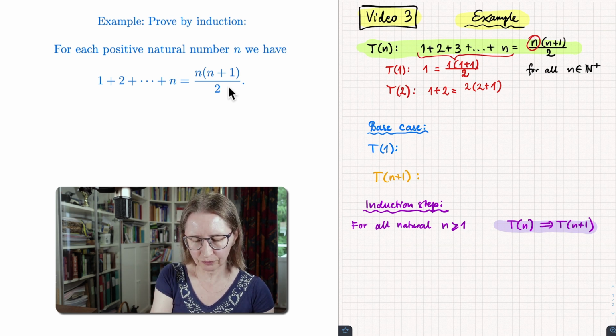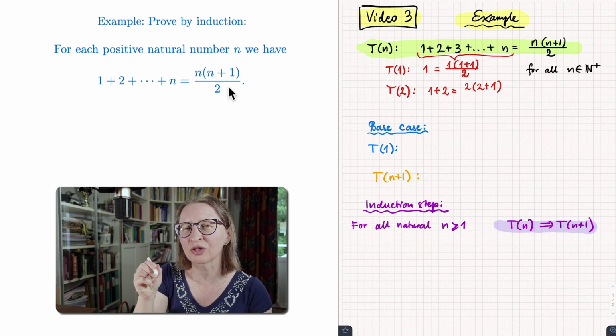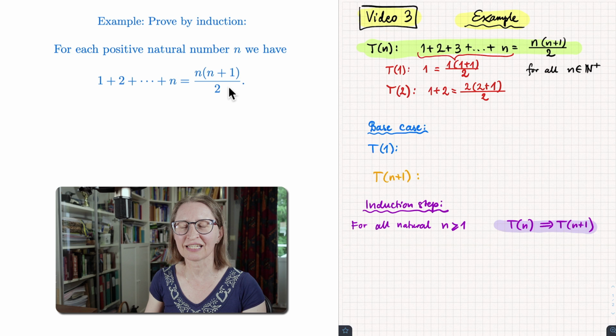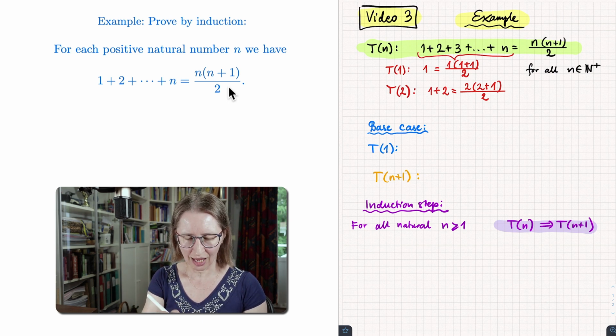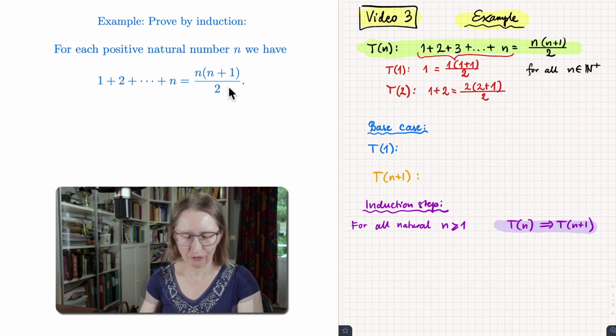If I had more numbers n in my formula, I would have to plug in 2 instead of all of them. So this is how this statement T(n) looks for n equal to 1 and n equal to 2. Okay, so now we can start conducting the proof.